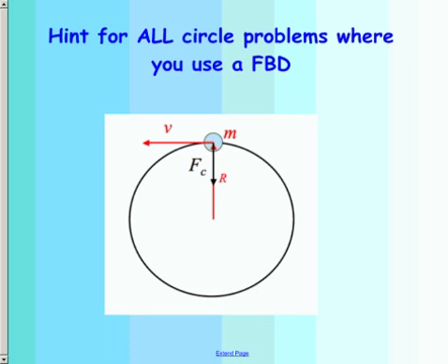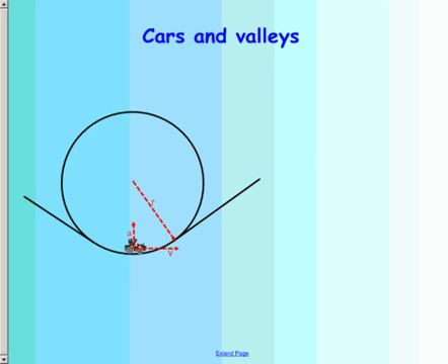So if I'm looking at the situation where the mass, whatever it is, a car or a ball going in a circle or whatever, is at the top of a circle, I would put positive down in this case. Now you don't have to do this, but what it does do is it gives you a standard way of approaching each problem, and that's what I'm going to show you here when we do our problems today. All right, so positive will always be towards the center of the circle.